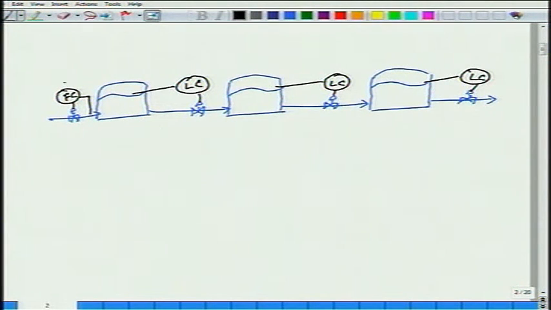Yeah, we have seen this before, and this is my throughput manipulator. So, if I want to increase the production, the operator would increase the set point of this flow controller, feed to the process. Yes or no?